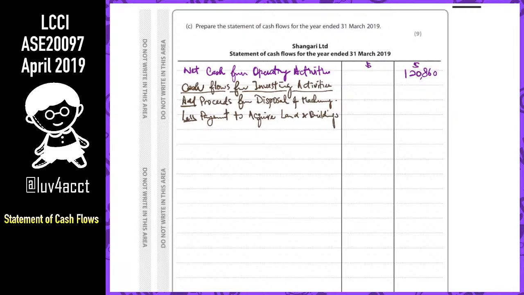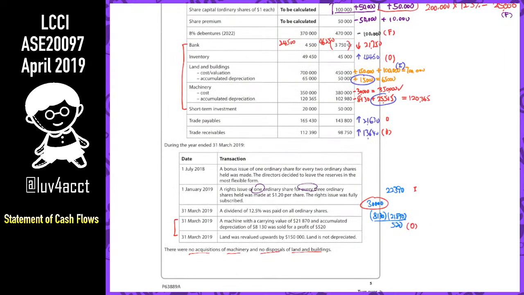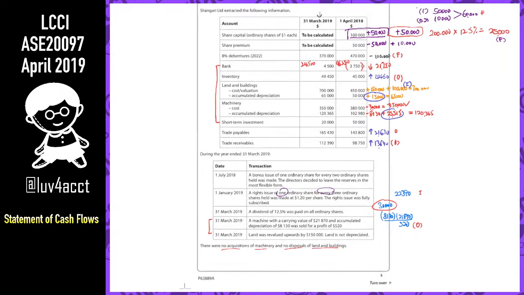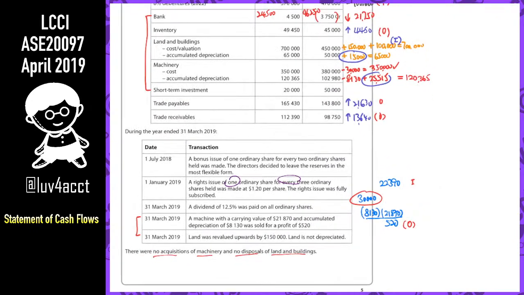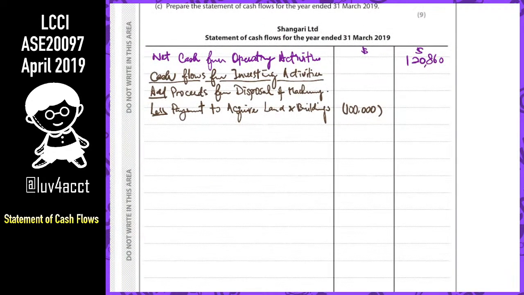Okay, so we have two. Payment to acquire land and buildings, I remember it's 100K. Okay, but I don't remember the proceeds from the disposal. Proceeds from the disposal being 22390. Okay, 22390 minus 100K.